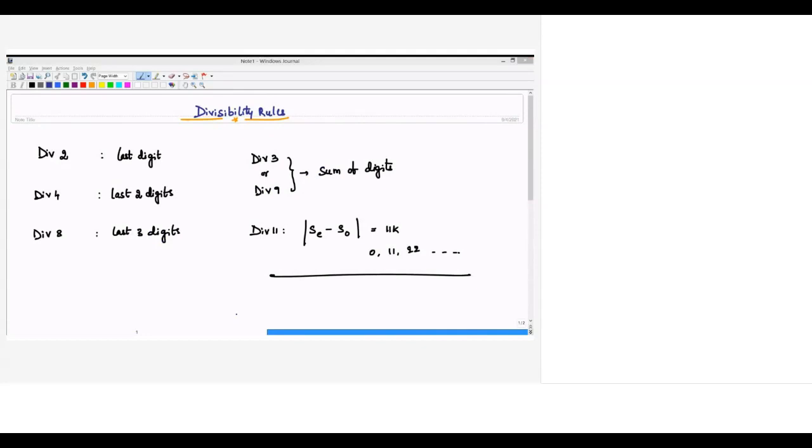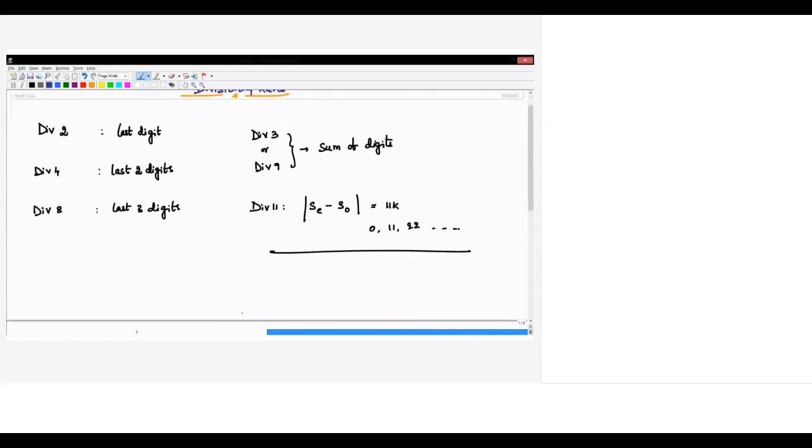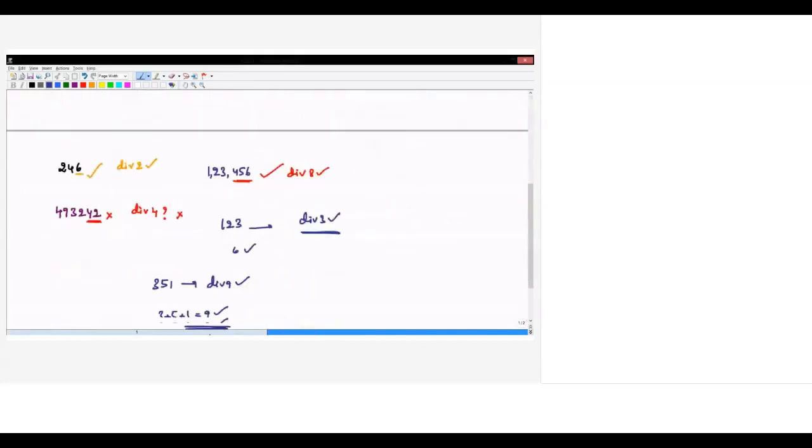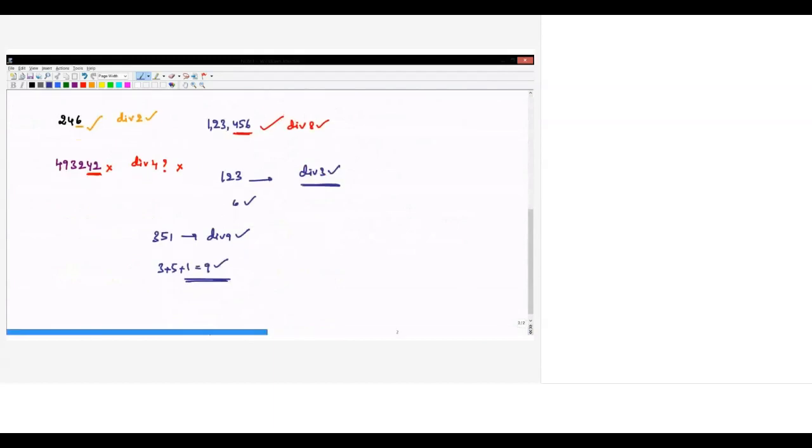Or else when the last digit or last two digits is divisible by 9, then the entire number is divisible by 9. Any answer from anyone?